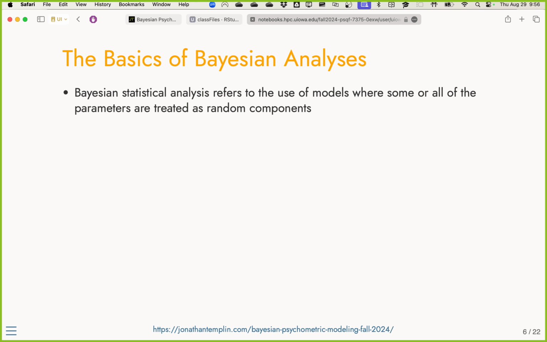So for instance, item response theory. I'll keep it simple. There's a one parameter model. It has a parameter for every item called the item difficulty. And then every person has a parameter called ability, theta. B for difficulty, theta for person ability, we can call it that.